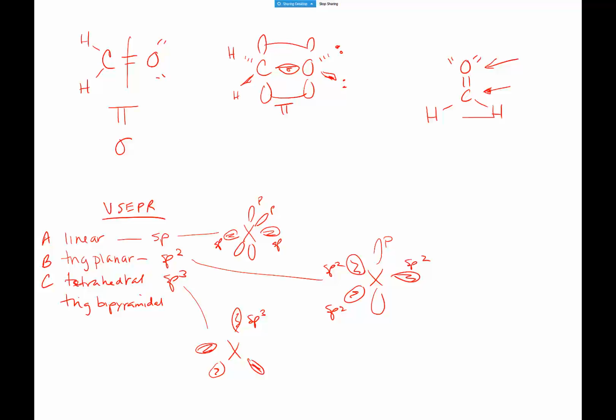And then for carbon, we use A for linear, B for trigonal planar, and C for tetrahedral. So the question is, what is the geometry for that carbon?